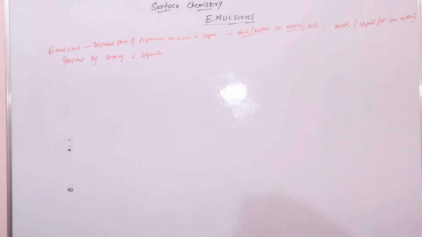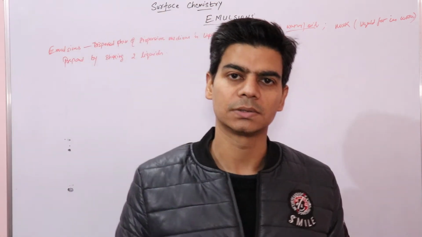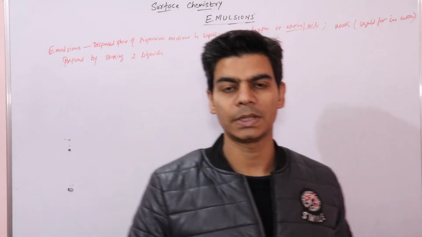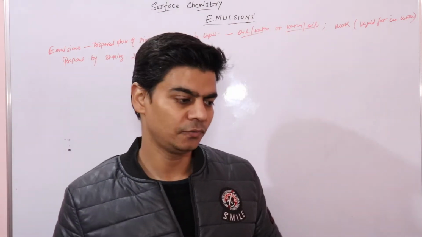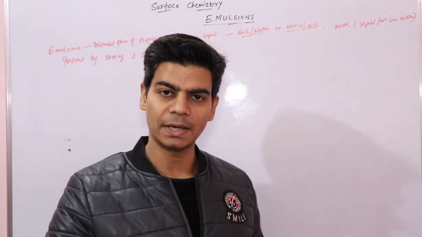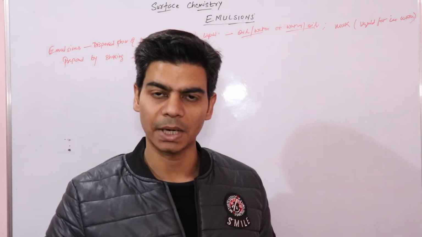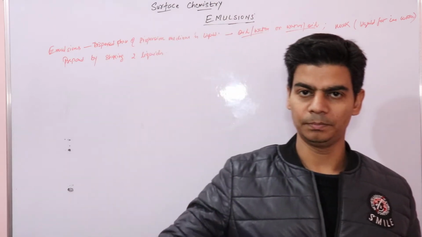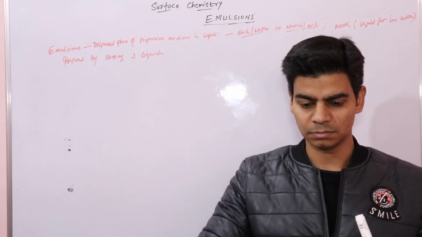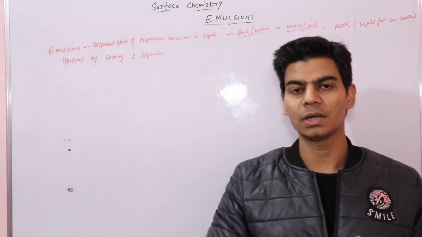Now, let's talk about the stability of emulsions. If we mix oil and water, how long will it be stable? If you keep the mixture that you prepared by shaking for some time, on standing, you will see that the two liquids can be seen, like oil floating over water.